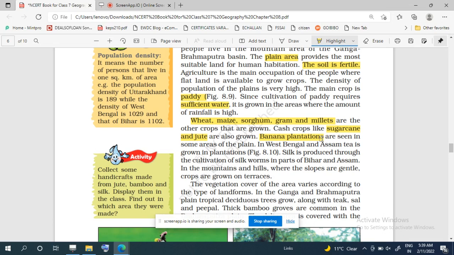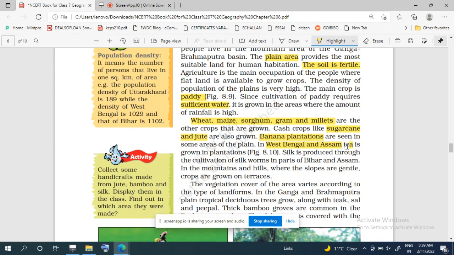And one of the plantations is banana plantation, which is done in the plains of this Ganga Brahmaputra basin. And in some regions like West Bengal and Assam, tea is also grown in plantation. Tea plantation is also very important at that place.